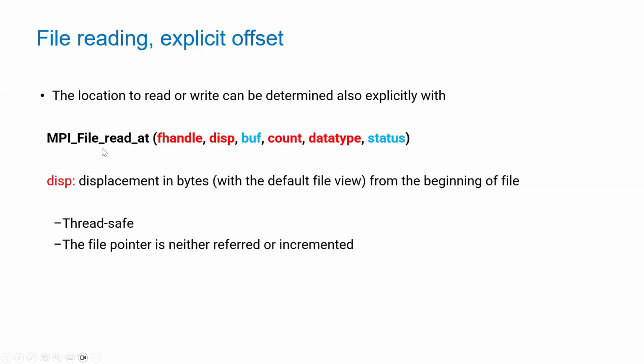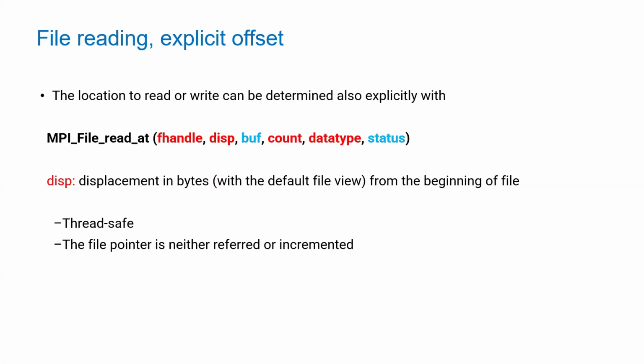This is called MPI file read at. It takes the handle, then the displacement, then the buffer, count, data type, and the status. The displacement we talked about is in bytes from the beginning of the file. This makes it thread safe, because otherwise you have to count and calculate it yourself, so it's not thread safe.